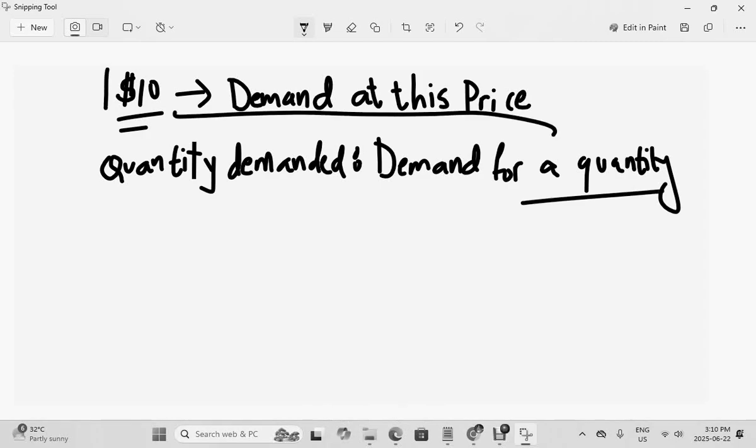We know that the price is $10, and whatever the company can make and sell at $10 will be the quantity demanded.